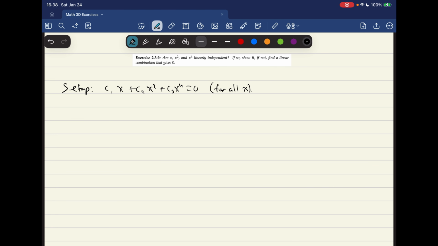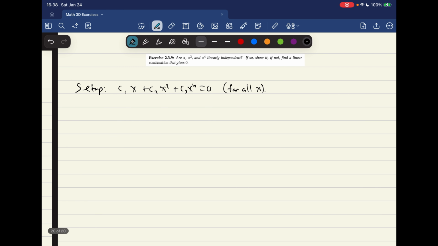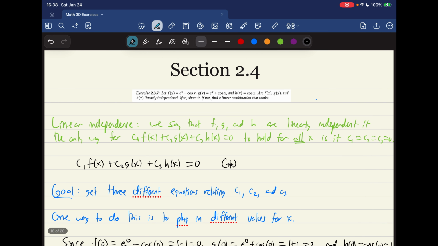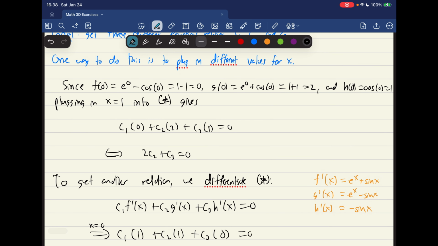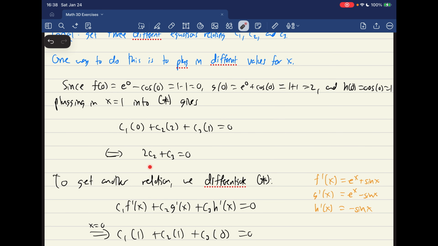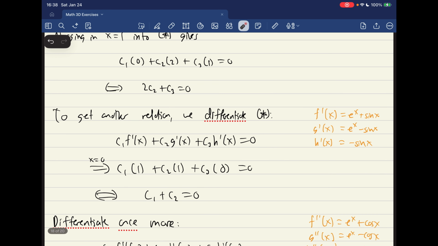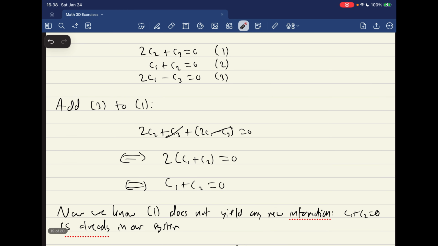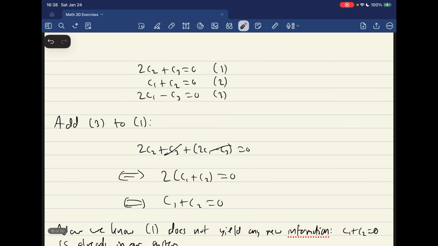Okay. Now, one thing we could do, and this is perfectly okay, is to just copy what we did in the previous problem, where we used derivatives to get our 3 different equations. So we got this one, we took a derivative, we got this one, and then we took another derivative, and we got the third one right here.